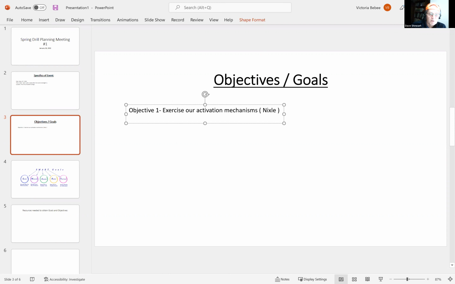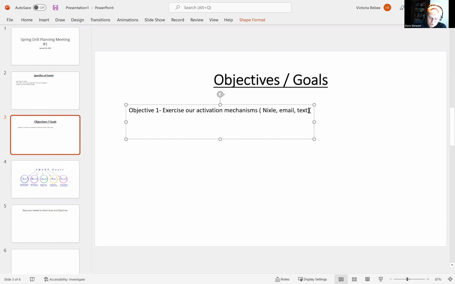So you send out email to everybody, but then you also send out a Nixle alert to the CERTs and see who gets it. Hey, Dave, I buy the goal, and I think we should exercise Nixle for this. But I'd also like to do it a couple of times before so that we're not discovering problems at the drill. I view the May drill as the chance to do something in person, face to face, and I'd like to get as many problems out of the way beforehand as we can.